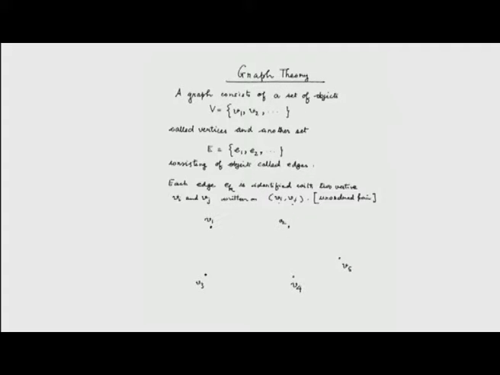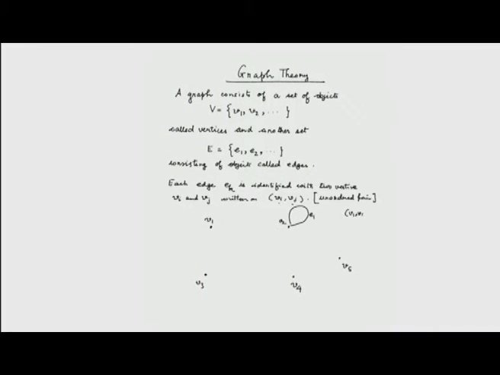Now, we start writing the edges. The edge E1 is in a way interesting, because the vertices corresponding to E1 are not distinct. E1 corresponds to the pair V1 V1. It is called a self loop.